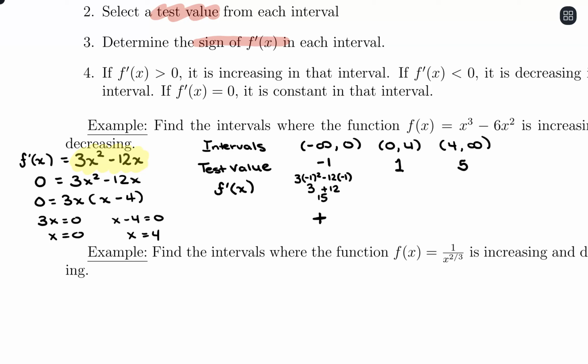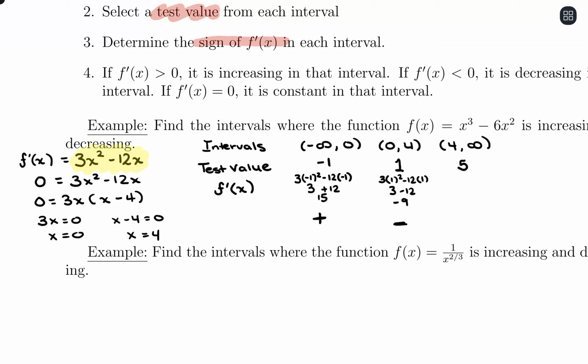That's really all I'm interested in, if it's positive or negative. If I plug in +1, so 3 times 1 squared minus 12 times +1, so 3 minus 12, and that's a -9, and that's negative. That's what I'm interested in.